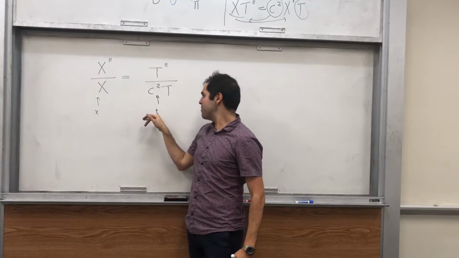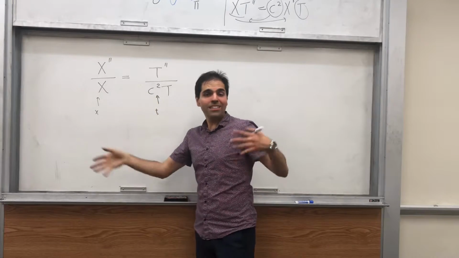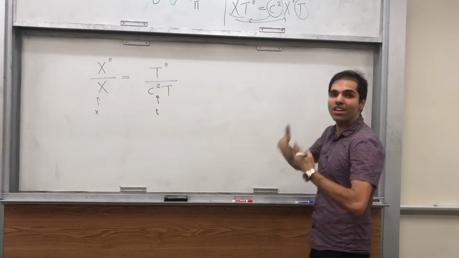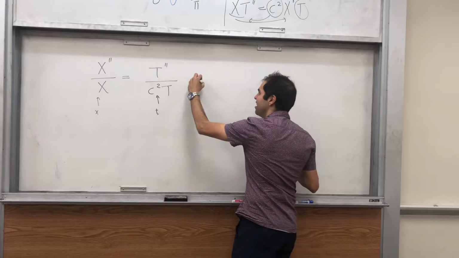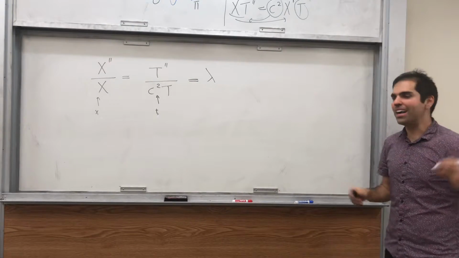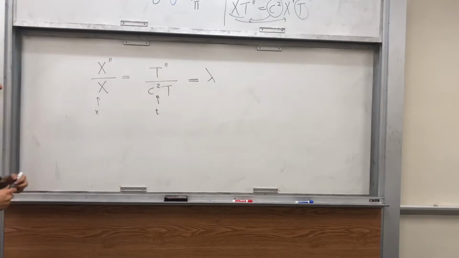But it's also independent of x, because it depends only on t. So basically it's independent of both x and t, and therefore it's just equal to a constant, which I like to call lambda. Other people like to call it minus lambda. It doesn't matter. It gives you the same expression in the end.